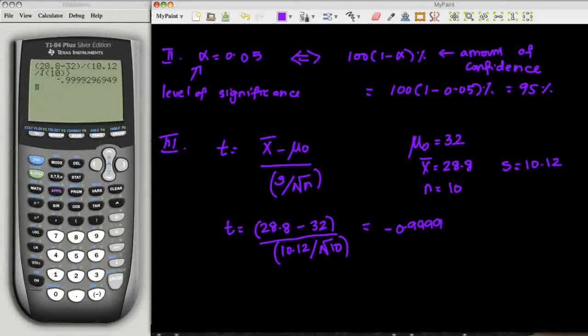So we have found the test statistic, which is negative 0.9999. So the next step is to recognize or identify the distribution of the test statistic.